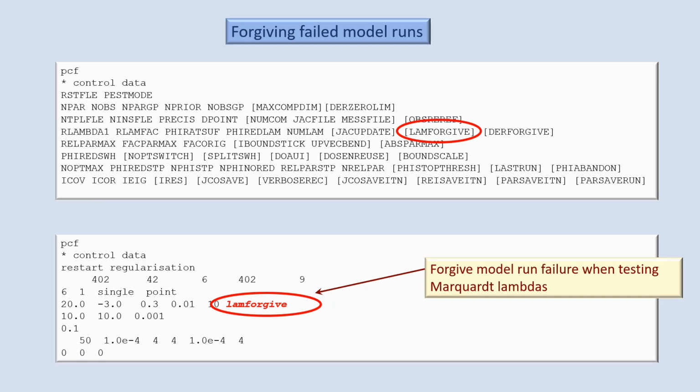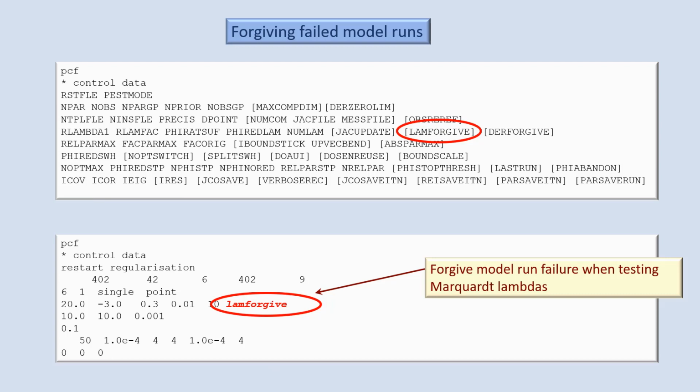If there's model run failure, PEST will cease execution with an error message unless lambForgive is set to lambForgive. You just write the string lambForgive at that location in the control data section of the PEST control file.